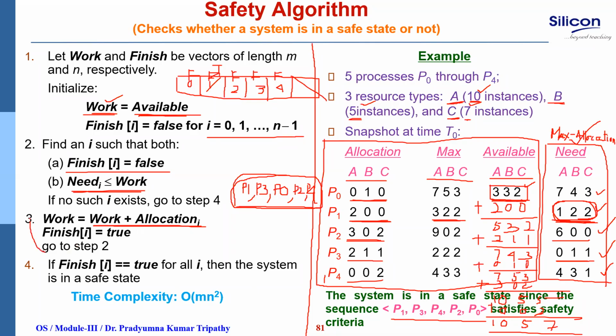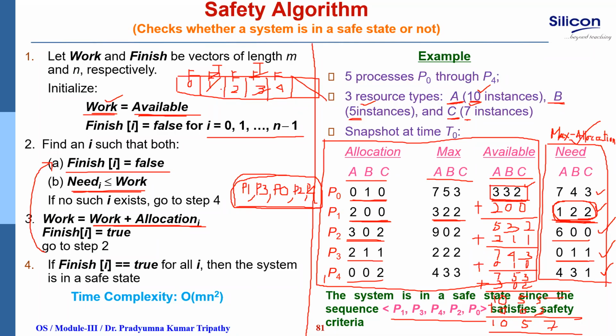So now go to step 2. Going to step 2 means I will find another process whose finish is false and need is less than available. Suppose I get P3, then I will make P3 true. I'll go on repeating the same thing.